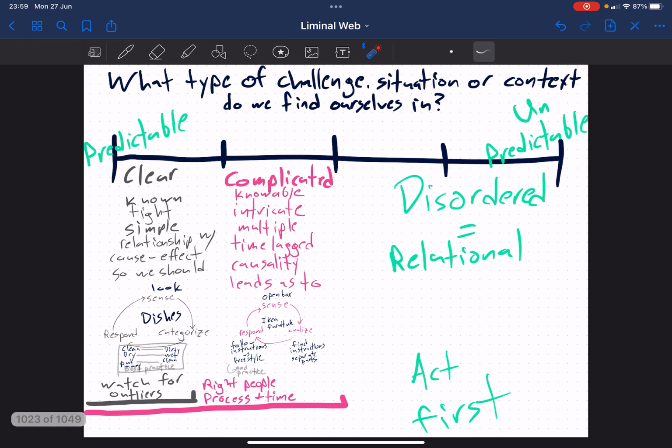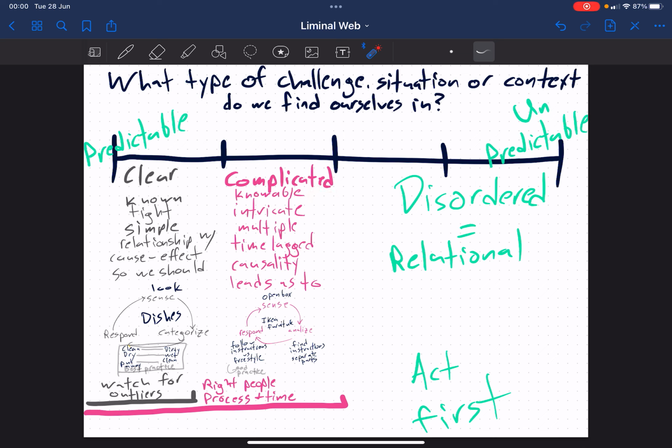In our ordered side, one more layer moving towards unpredictability, we would find ourselves in a complicated situation. The key trademark of complicated situations is that the situation itself is in fact knowable.